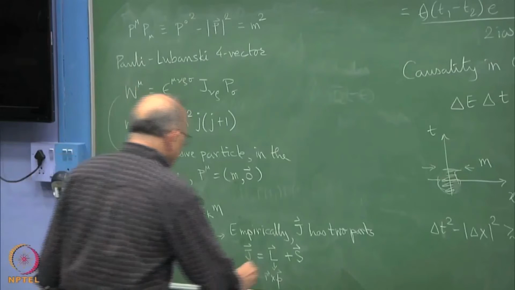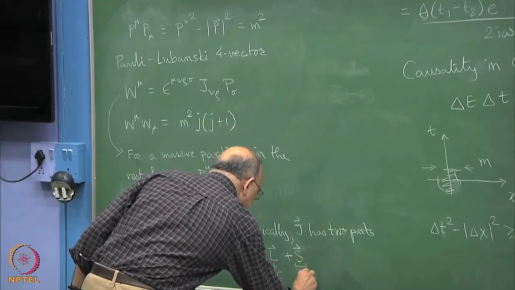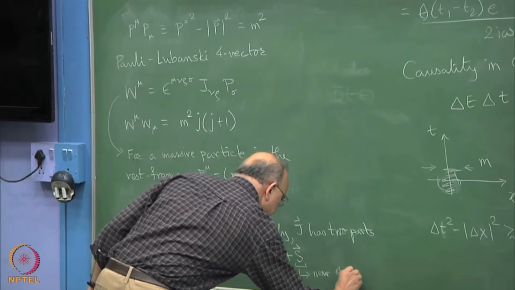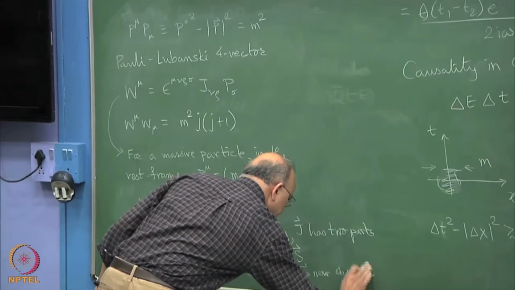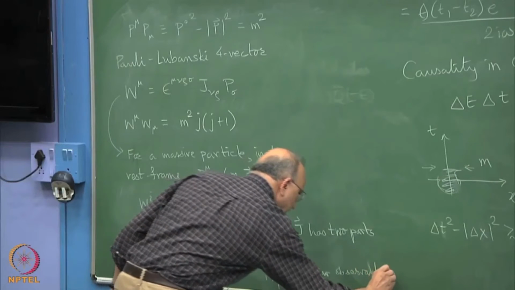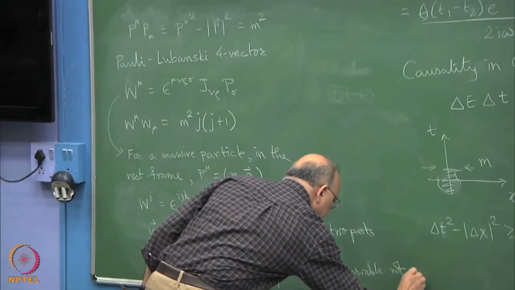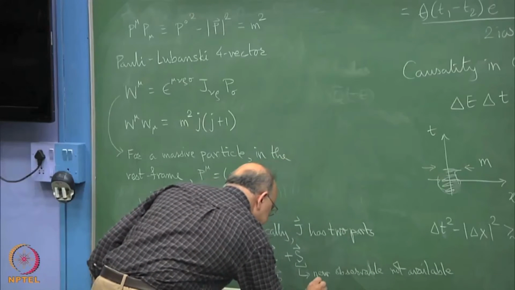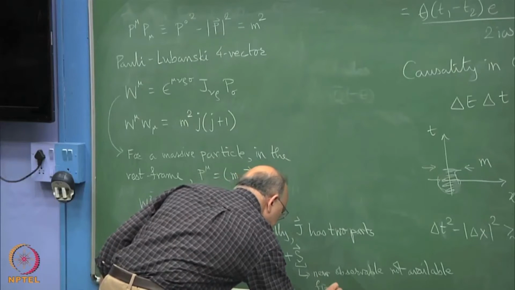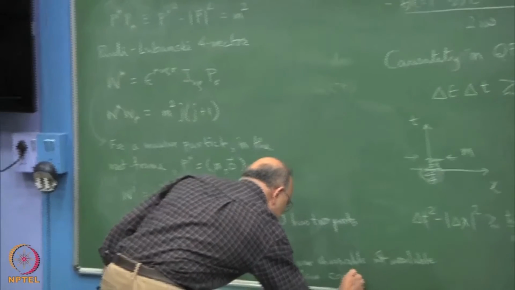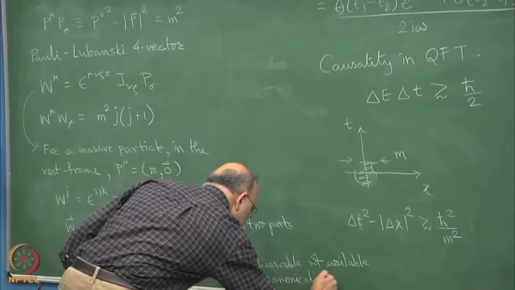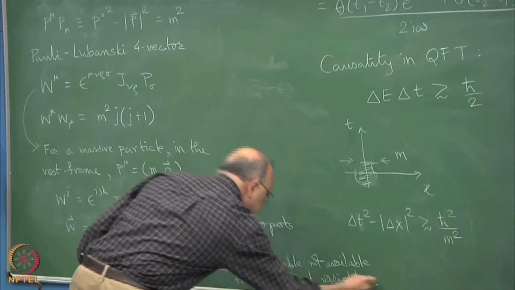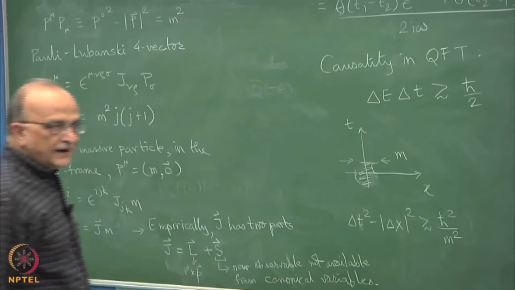So it is not constructible out of canonical variables; this has to be put by hand.